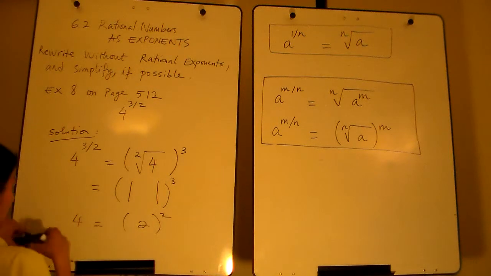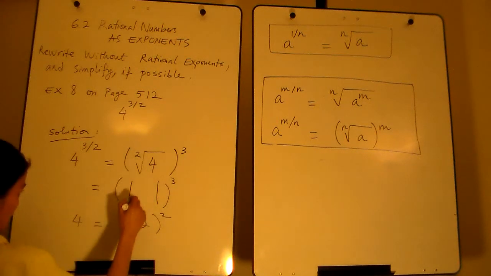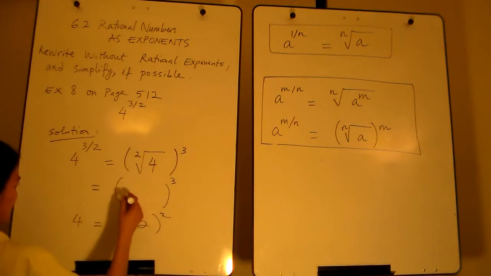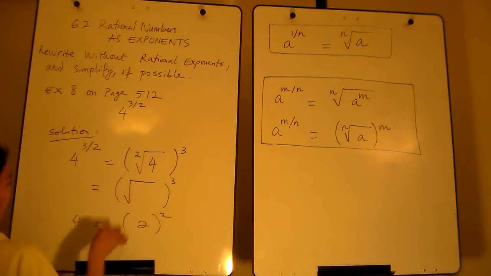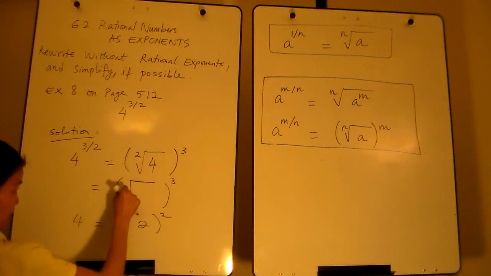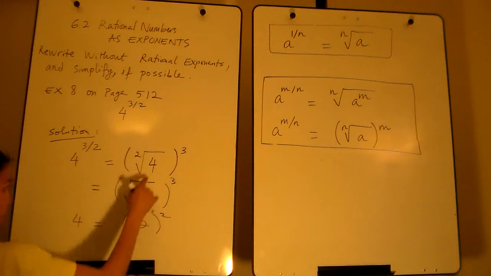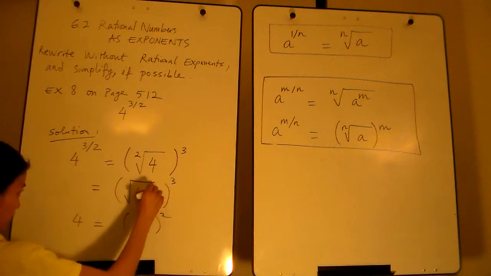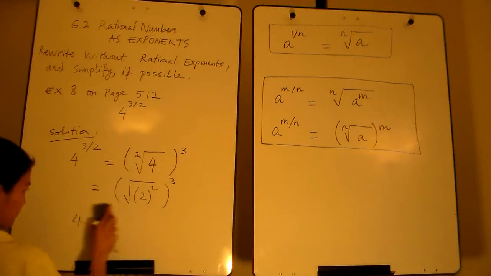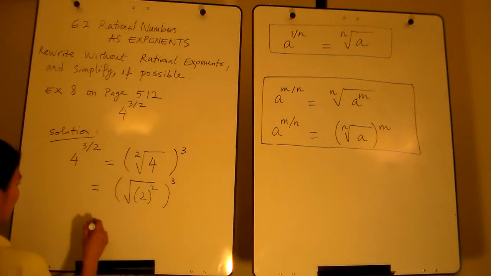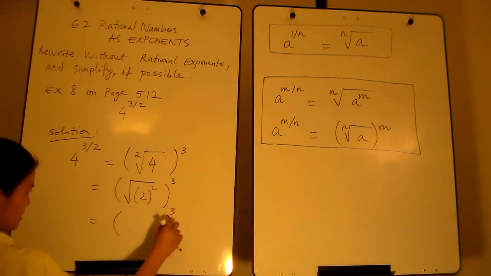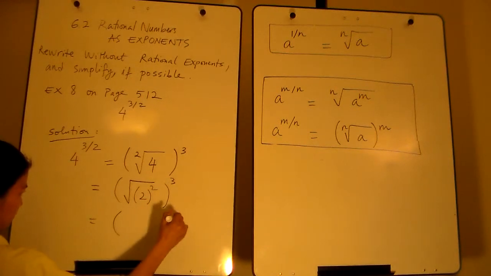Knowing that, I'm going to rewrite this square root. Let me write one more step before using the absolute value. I'm not going to specify it here, but there is a 2 here. So I'm writing 4 in this form: 2 squared. Now let's simplify. The outside is left as is, raised to the 3rd power.